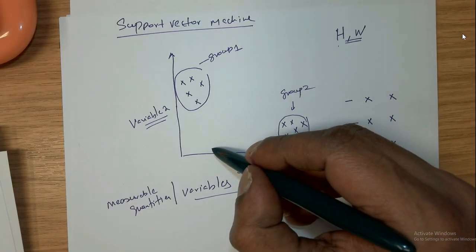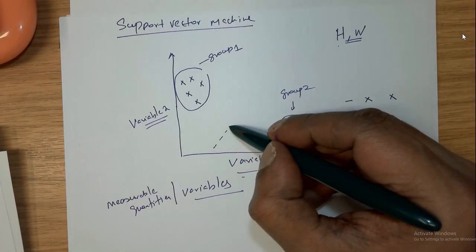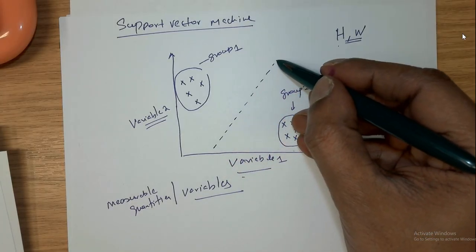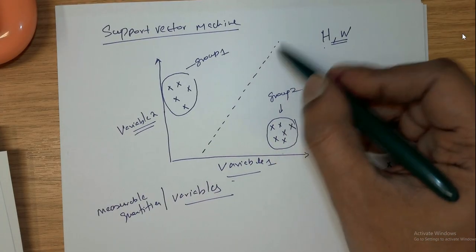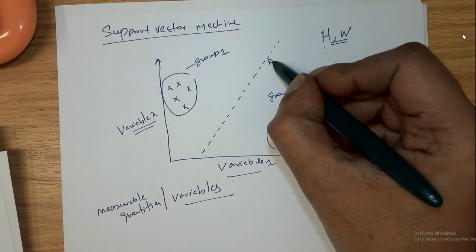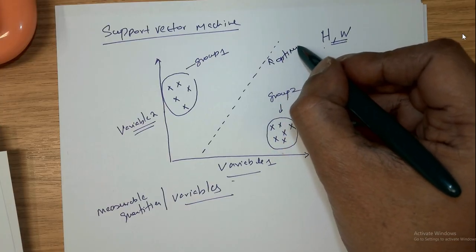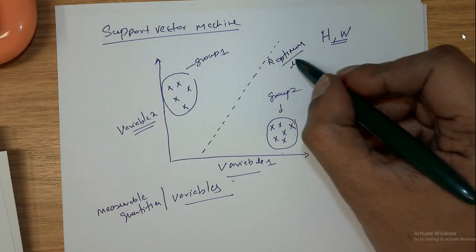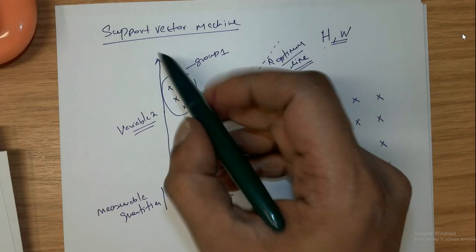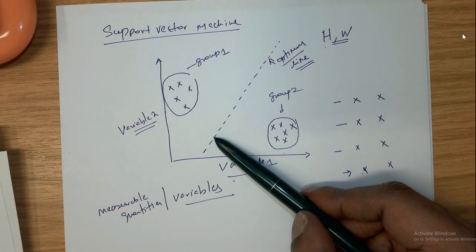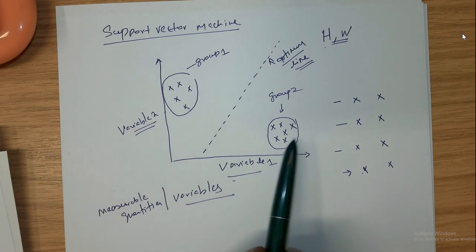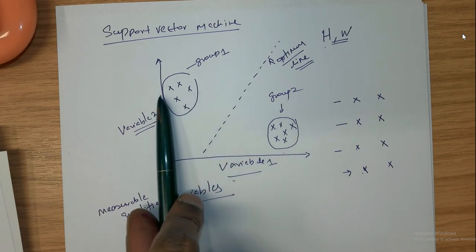So the game is this: you have to find that line, or for the moment we can say the optimum line. That's not quite the right word, but I'm going to call it the optimum line. The game here in support vector machine is to find the optimum line that separates group 1 from group 2, or that separates the two categories.